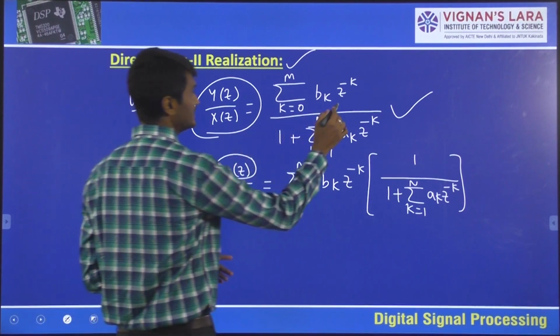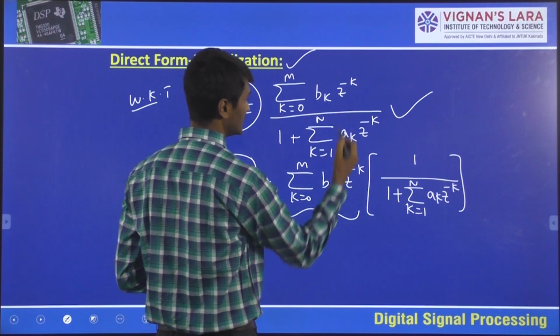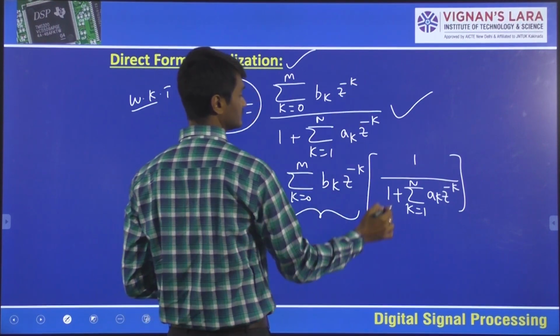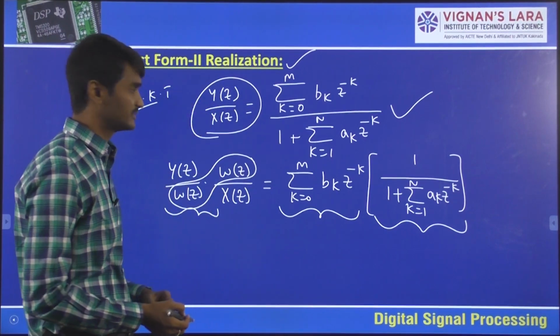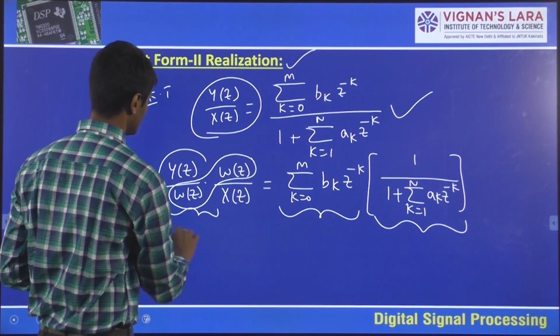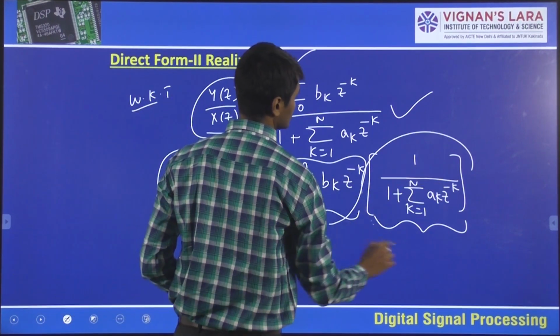On the right side also I am going to represent it like this: this numerator part and this denominator part, where W of z by X of z equals 1 by 1 plus sigma k equals 1 to n ak z power minus k.